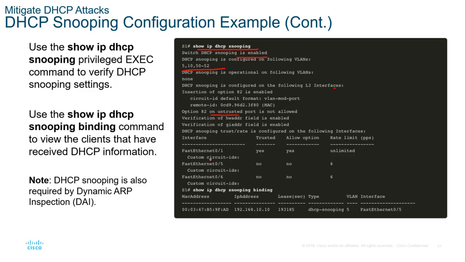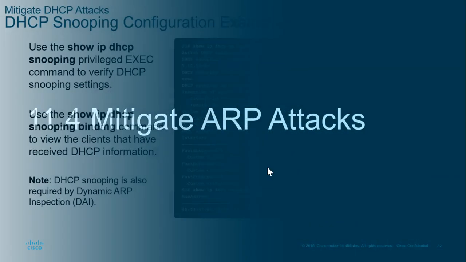Okay. So when you look at port 1 here, it is trusted, yes, allowed option, yes, and the rate limit for packets, as you can see, is unlimited. But when it comes to these other ones, so far we have 5, then 6, and so on. For 5, as you can see, trusted is no, allowed option no, but the rate limit we have is 6 there.